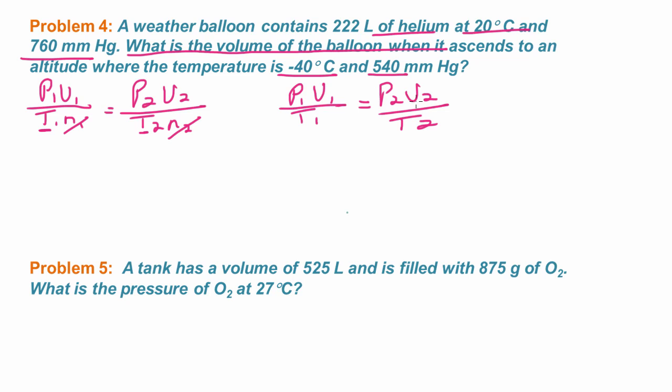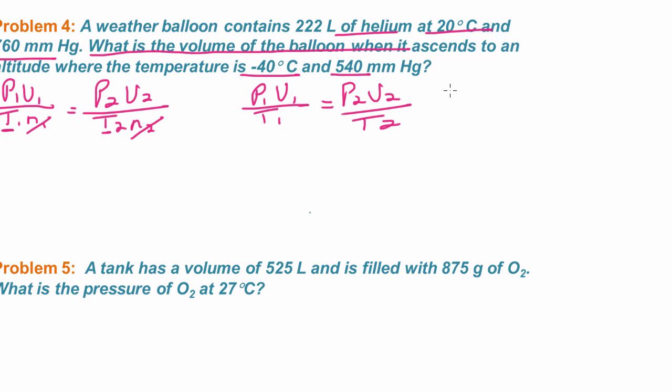So let's go ahead and define the terms here. P1 is 760 millimeters of mercury, V1 is equal to 222 liters, and T1 is 20 degrees Celsius, which is 293 Kelvin.